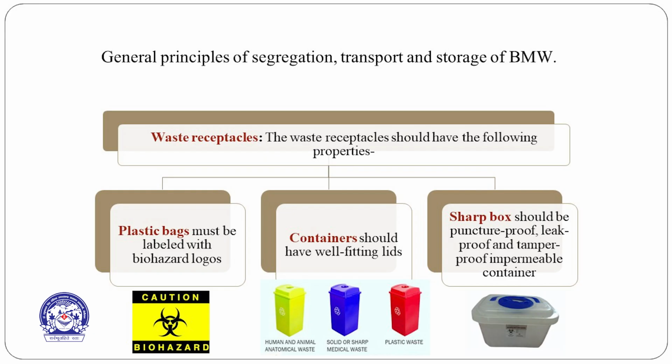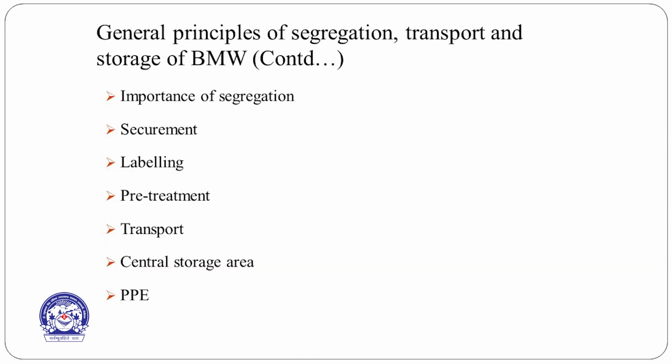Sharp boxes should be puncture-proof, leak-proof and tamper-proof, impermeable containers. The general principles include the importance of segregation, securement of the waste, proper labeling of the waste, pre-treatment of certain waste if required, transport of the waste, a central storage area for the waste, and personal protective equipment should be provided everywhere.